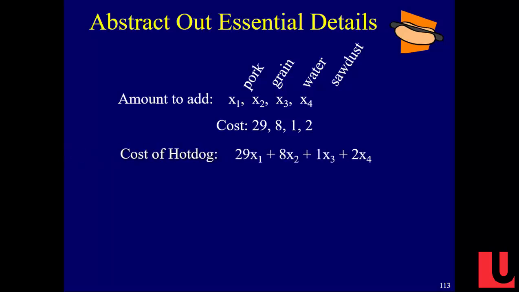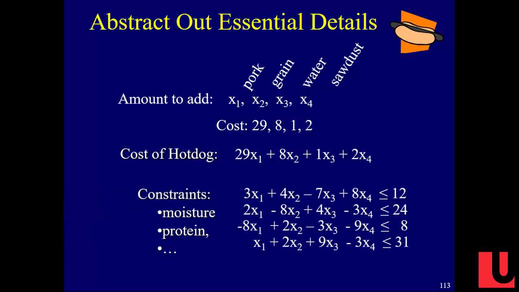All right? So given that, you can calculate the cost of a hot dog, right? It's the number of grams times the price per gram, or maybe it was the number of tons times the price per ton, and you add it up, and you get the cost of a hot dog. Right? Everybody good? And then we have all these constraints, right?